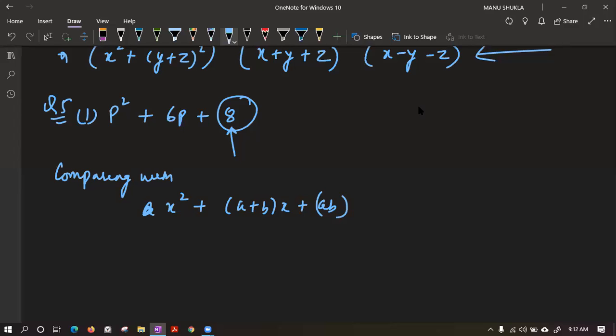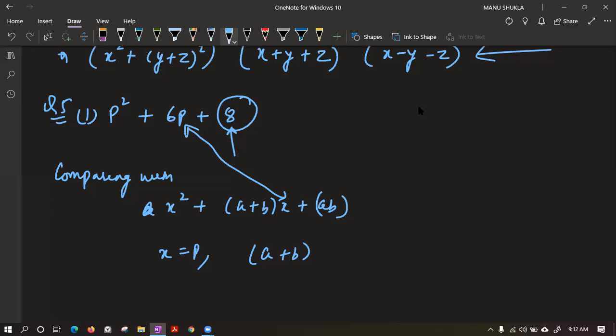Now tell me class, what is the value of a plus b? So x is p, that is fine. What is the value of a plus b? By comparison, this is x, this is p.